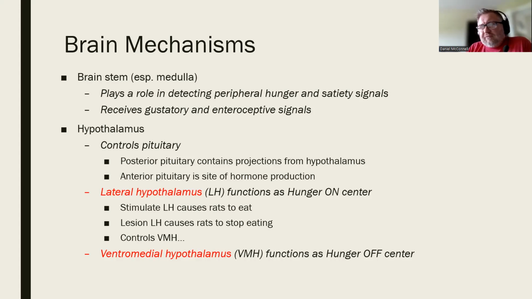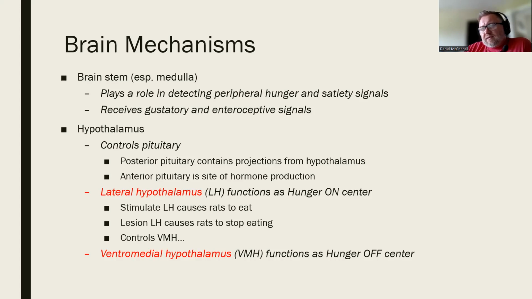What we know is that if we directly stimulate this artificially with electrodes, it causes rats to eat more. It makes them feel hungry, apparently, and therefore they eat more. If we lesion it so that it is no longer possible to stimulate this part of the rat's hypothalamus, they simply stop eating. Something else we see is that the LH also sends signals to the VMH, which stands for the ventromedial hypothalamus.